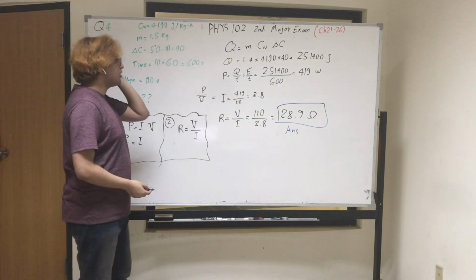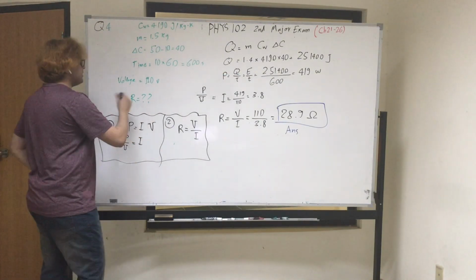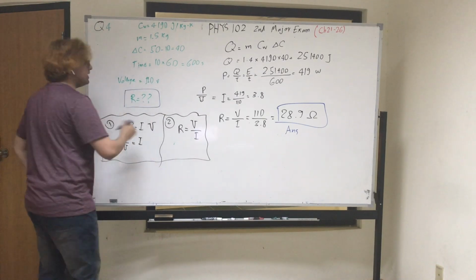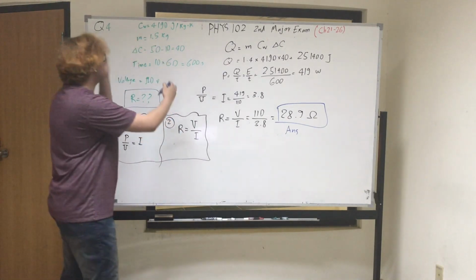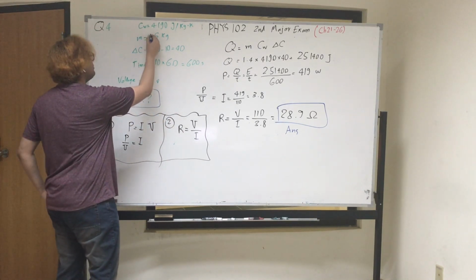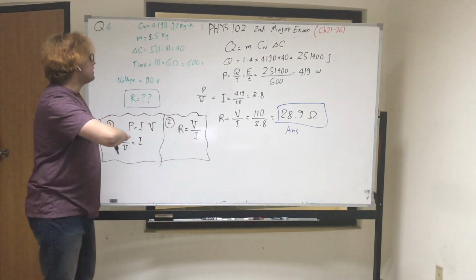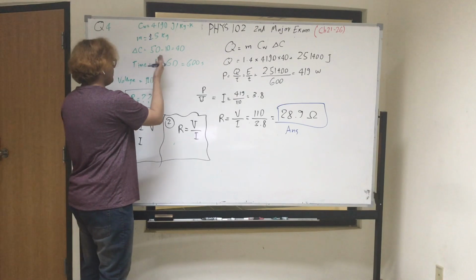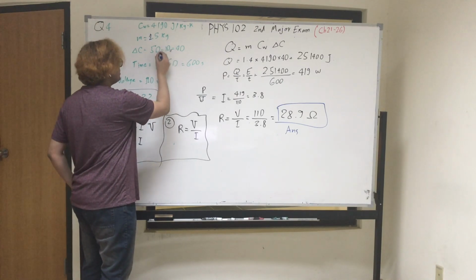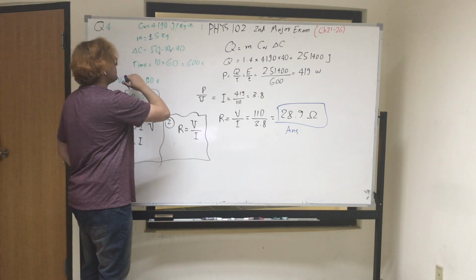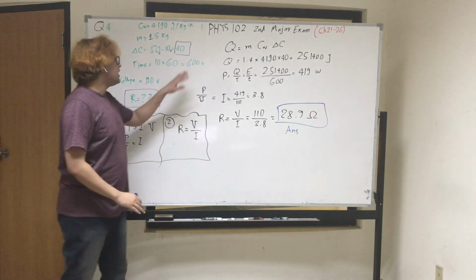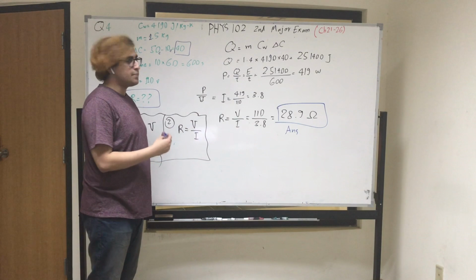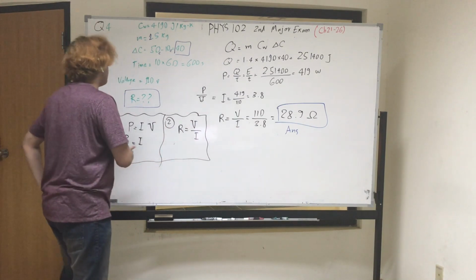In question number 4, we're asked to find the resistance of a heater. So we have a heater that increases the temperature of 1.5 kilograms of water from 10 Celsius degrees to 50 Celsius degrees, which means that it changes the temperature by 40 Celsius degrees in 10 minutes, okay?